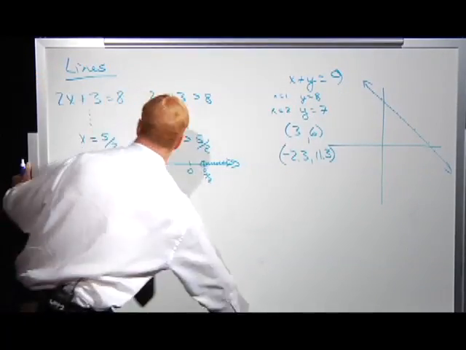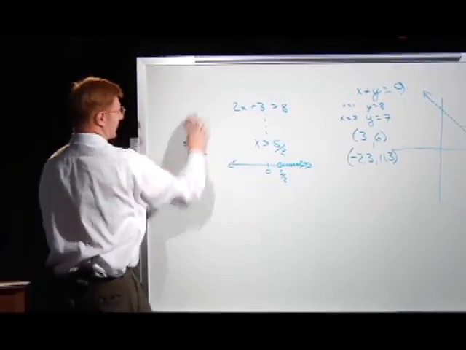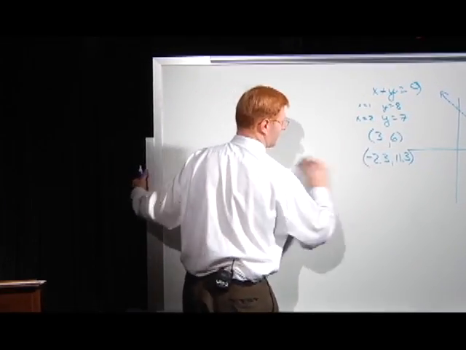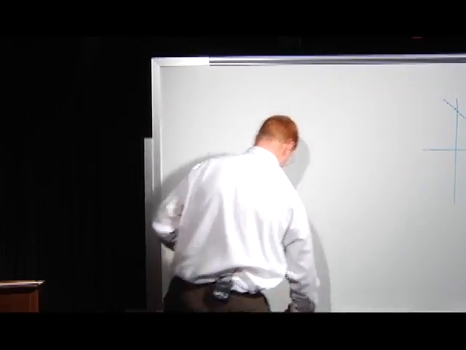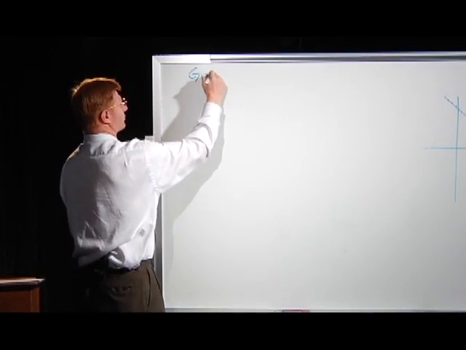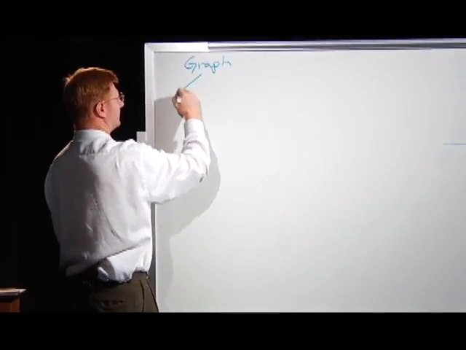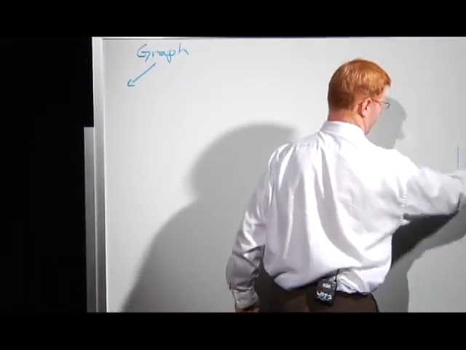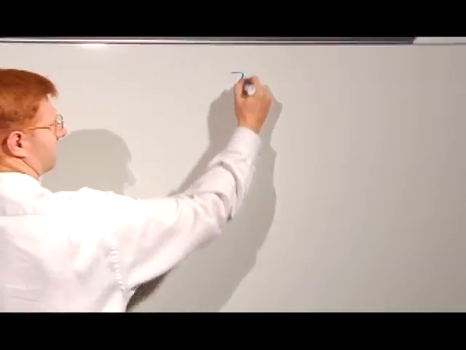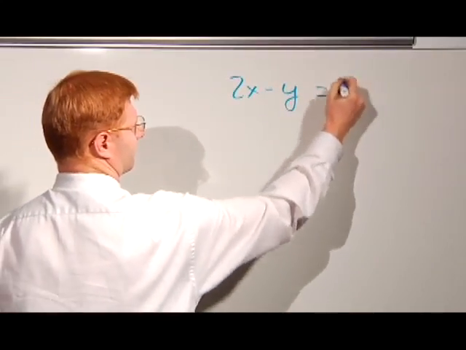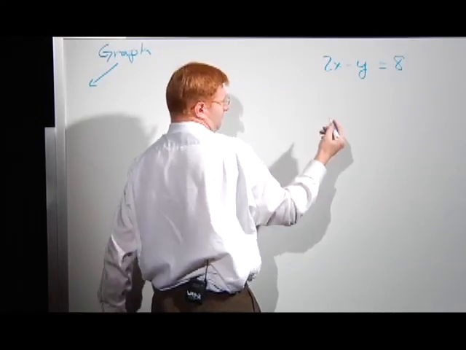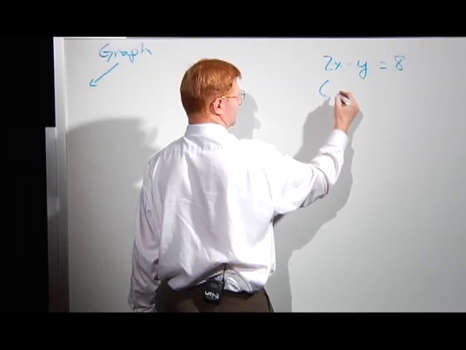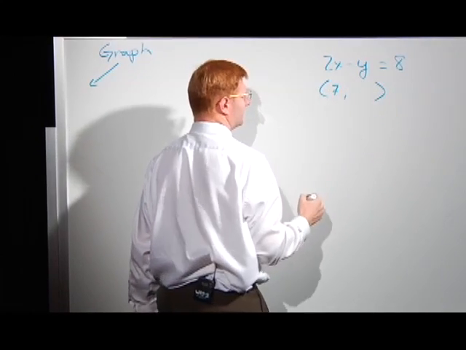And so you have various ways of doing that. So if you're going to graph a line, number one, you can take the line and say, okay, let's just pick a number. x is 7, what is y?